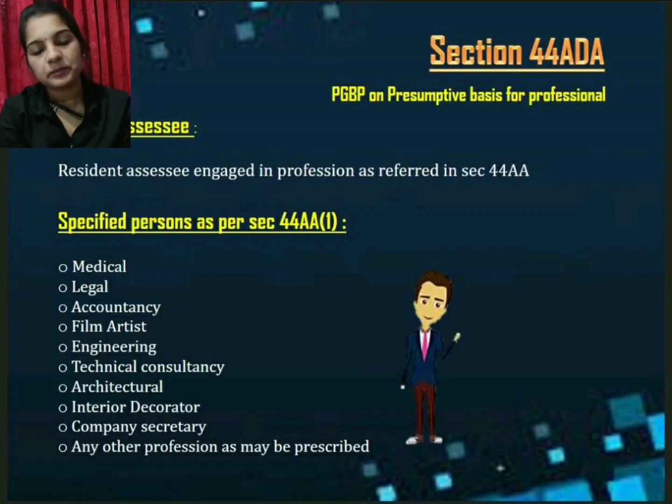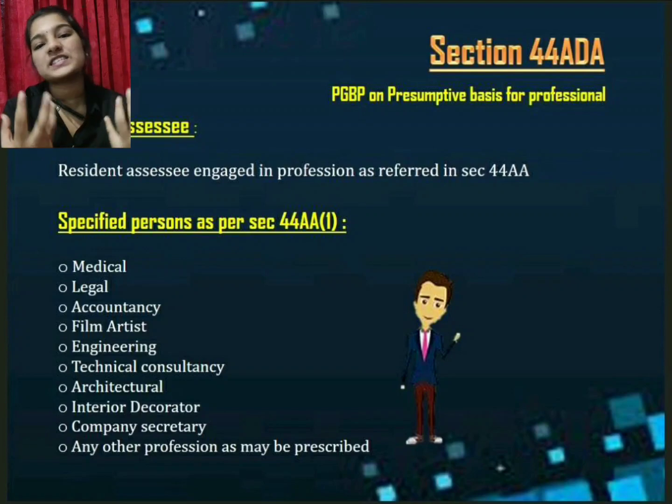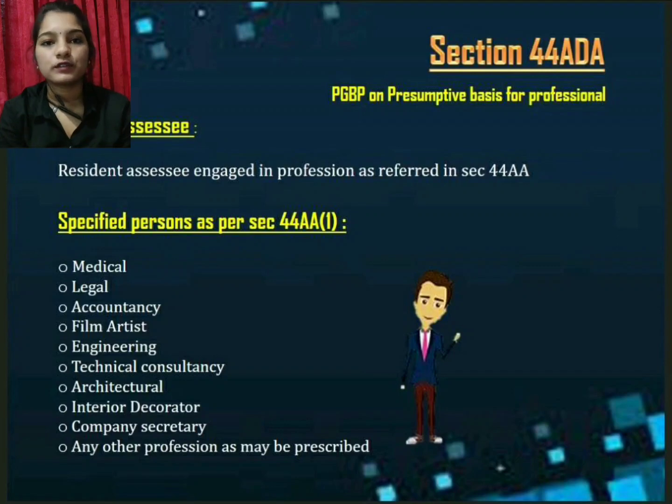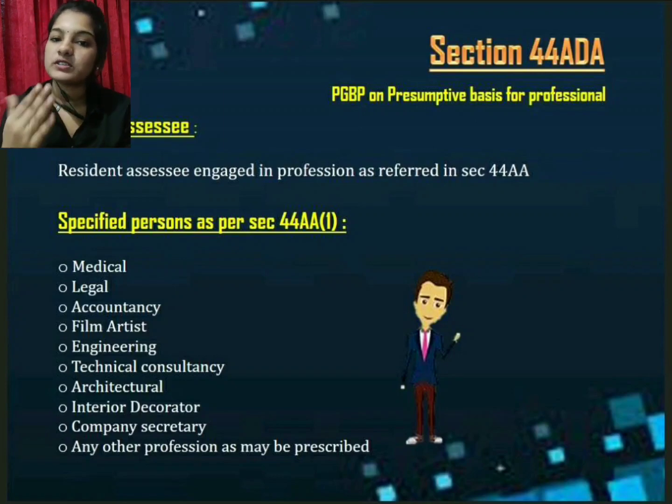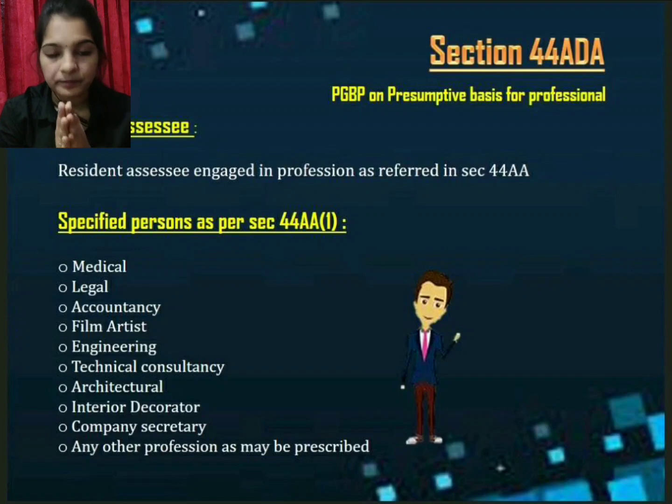Presumptive Taxation Scheme. So now let's see who are the specified persons as per section 44AA. Every professional or every assessee engaged in the profession of medical, legal, accountancy, film artist, engineering, technical consultancy, architectural, interior decorator, company secretary or any other profession as may be specified.